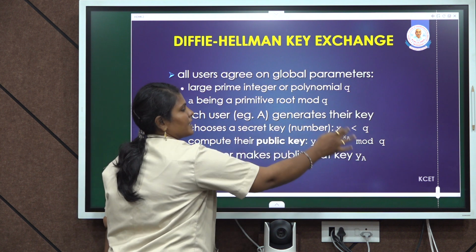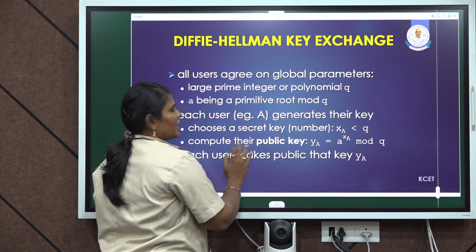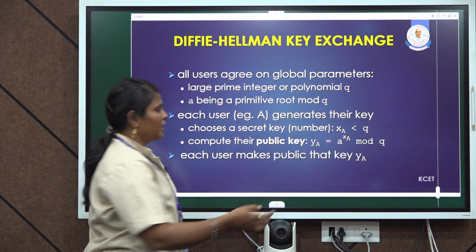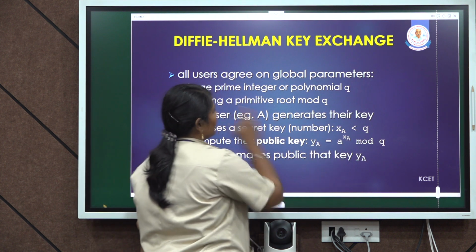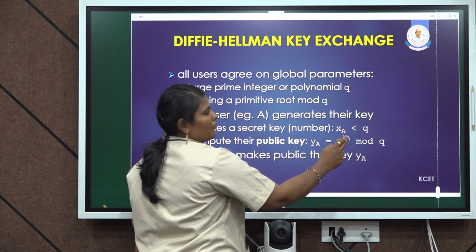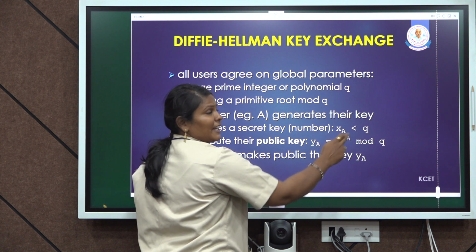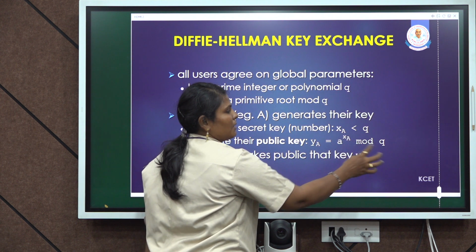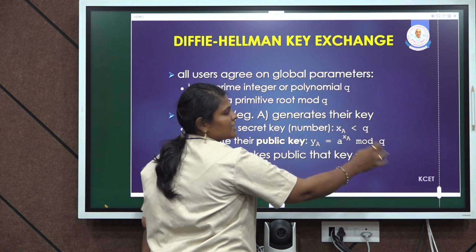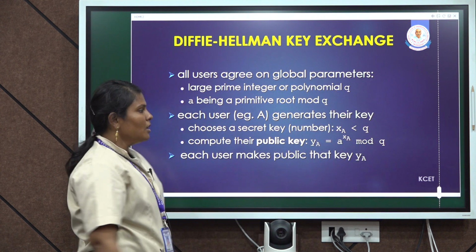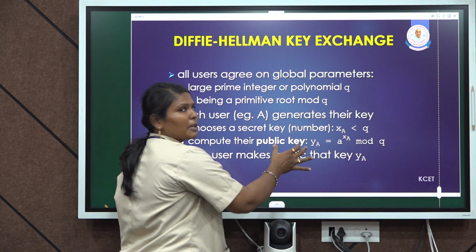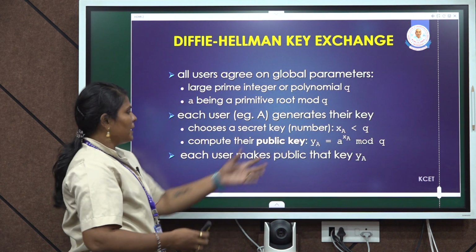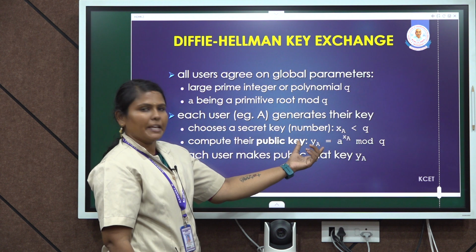Once we have XA, we can compute the public key using this formula: the primitive root A to the power XA, mod Q. XA is nothing but the sender's private key. This gives the public key for the sender A.